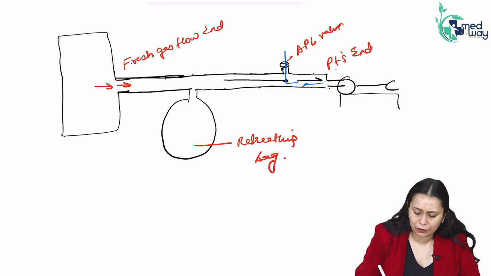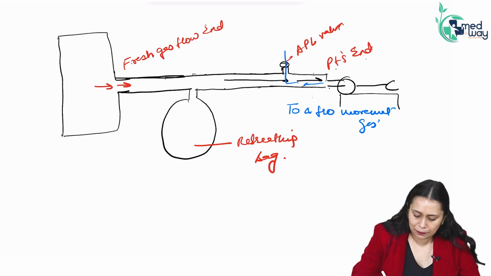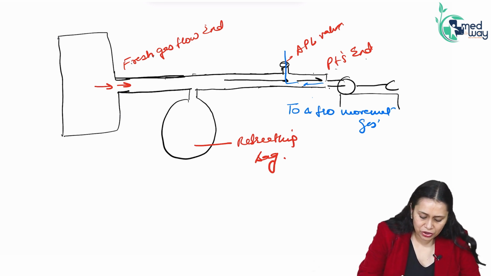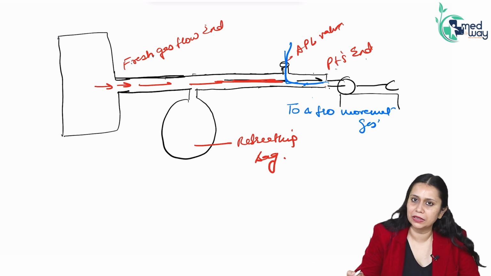So there is a to and fro movement of gas, right? And the removal of the expiratory gases is dependent upon the fresh gas which enters the circuit, right?